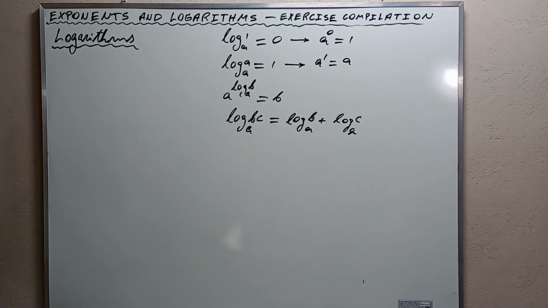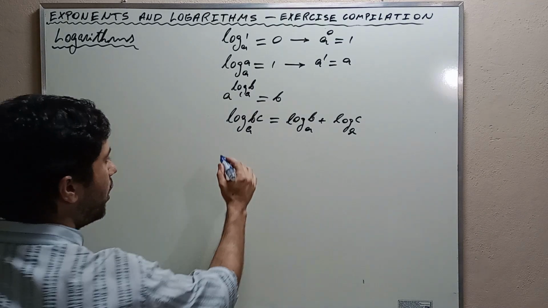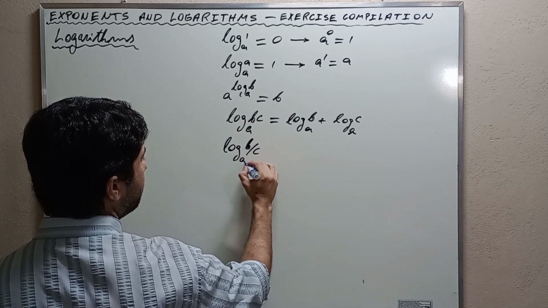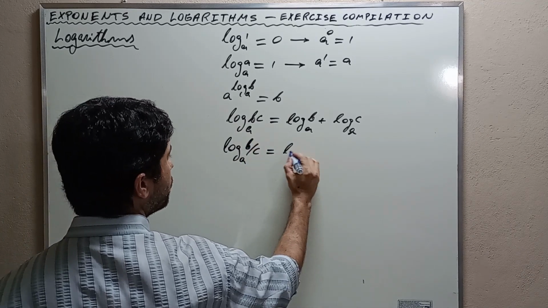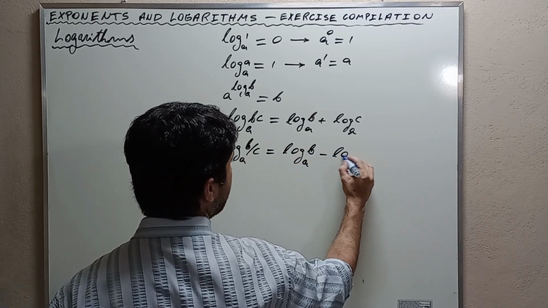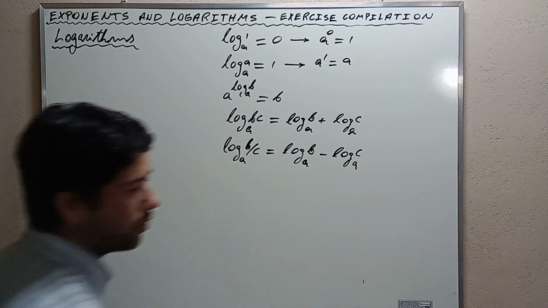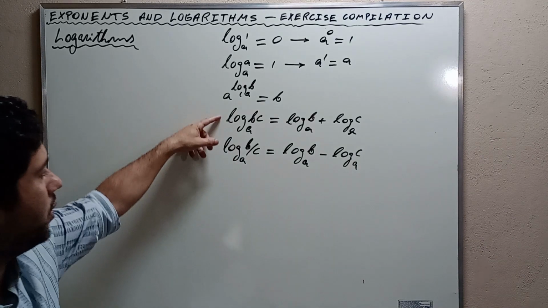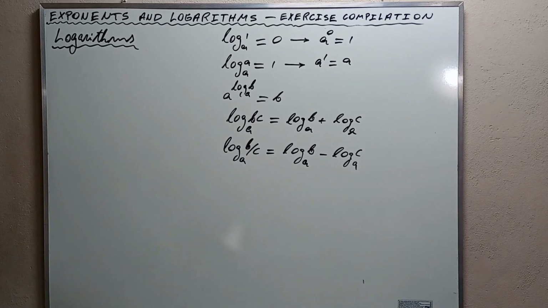Similar to this is the logarithm of the division. Logarithm of b divided by c base a is equal to the logarithm of b base a minus the logarithm of c base a, okay? It is very important. These two here specifically help us a lot in solving exercises.